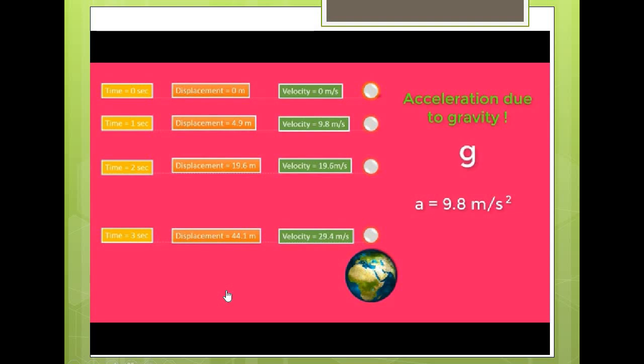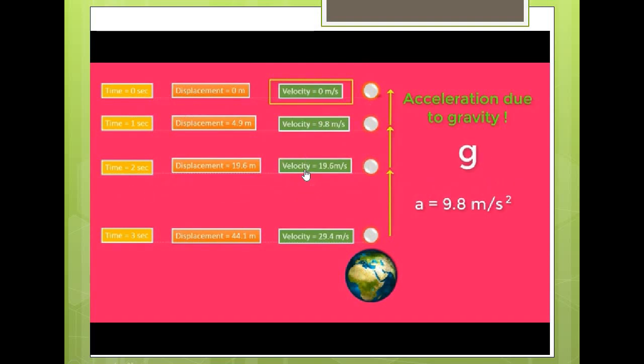The reason is that when I throw a body in upward direction, its velocity decreases. Now, how much does velocity decrease between the last 2 and 3 seconds? I know its velocity decreases from 29.4 meter per second to 19.6 meter per second, then from 19.6 meter per second to 9.8 meter per second, then from 9.8 meter per second to 0 meter per second.